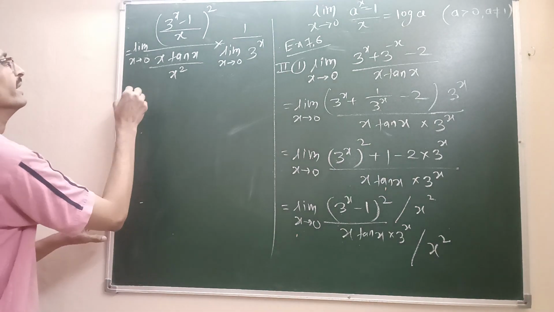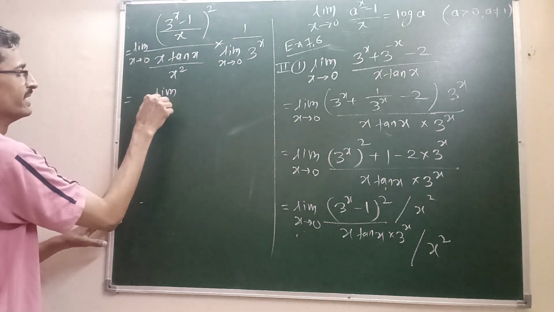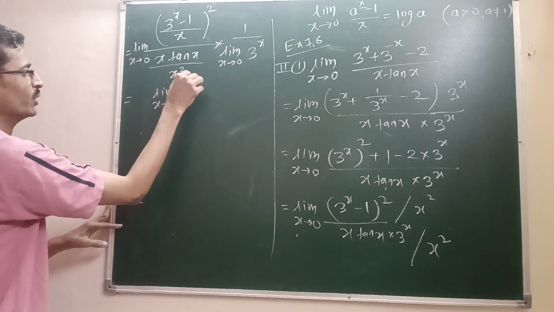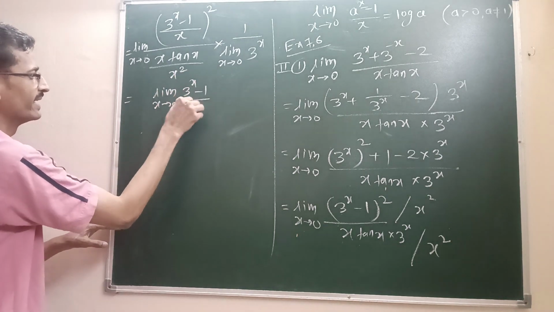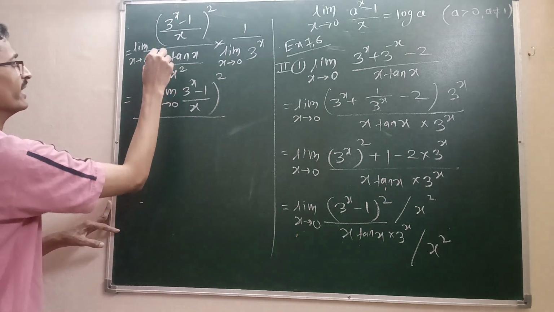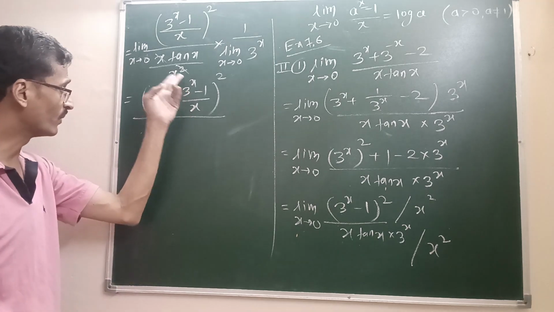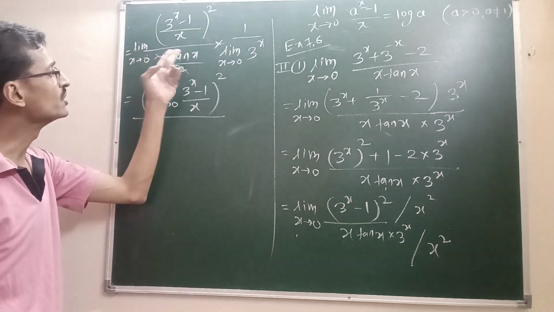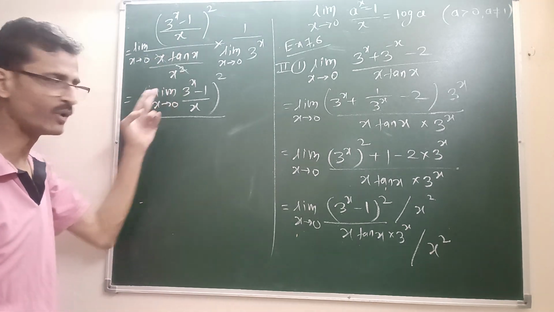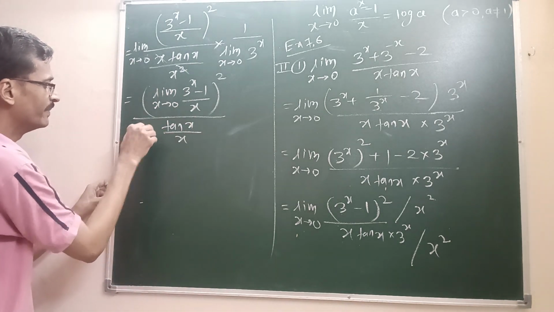Now write the limit inside this bracket. So limit x tends to 0, 3 raised to x minus 1 upon x whole square, upon, here one x gets cancelled from this x square, so remaining is tan x upon x. With that, write the limit separately.